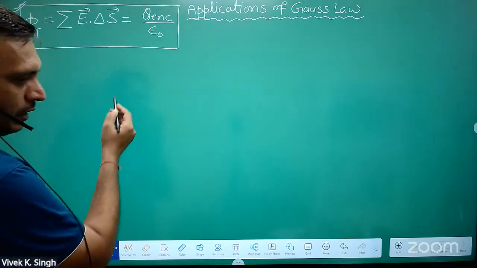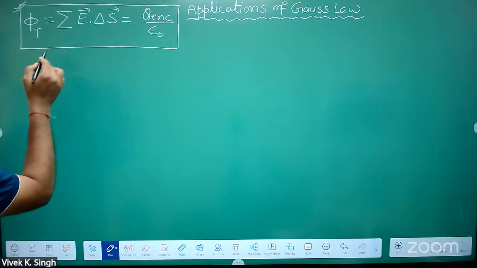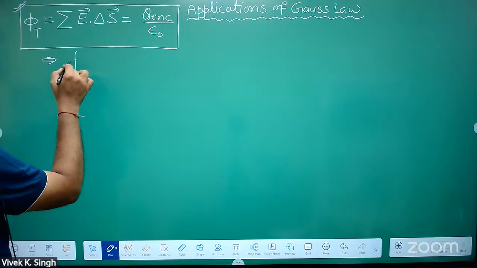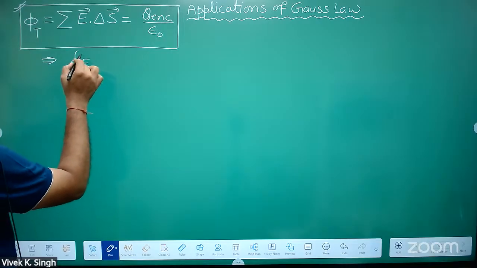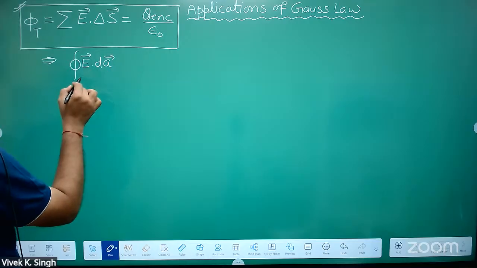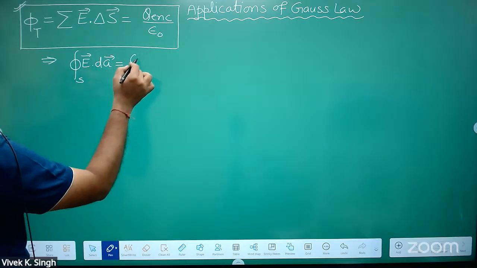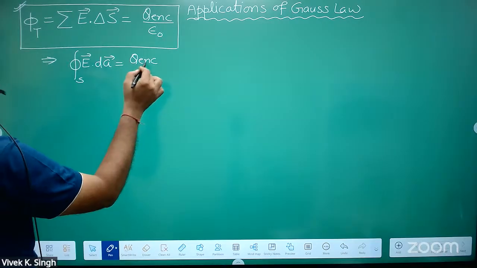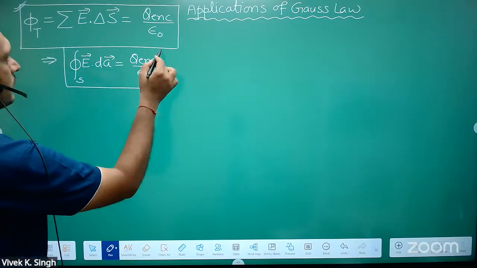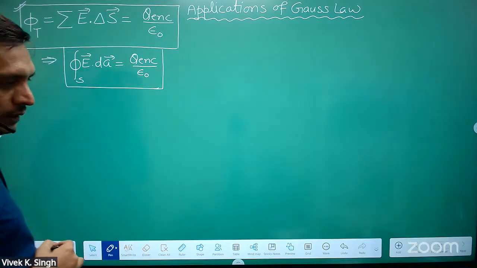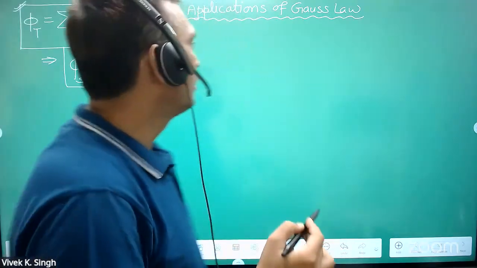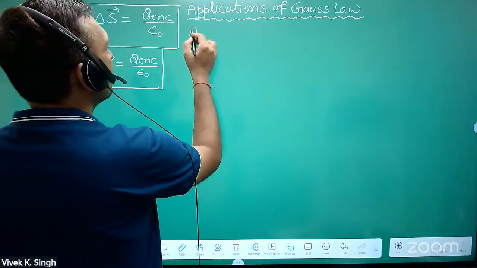Or if delta S tends to 0, the same thing can also be written as closed integral E dot dA, flux through closed surface, equals Q enclosed by epsilon naught. ठीक है? Where Q enclosed is total charge enclosed within the closed surface.